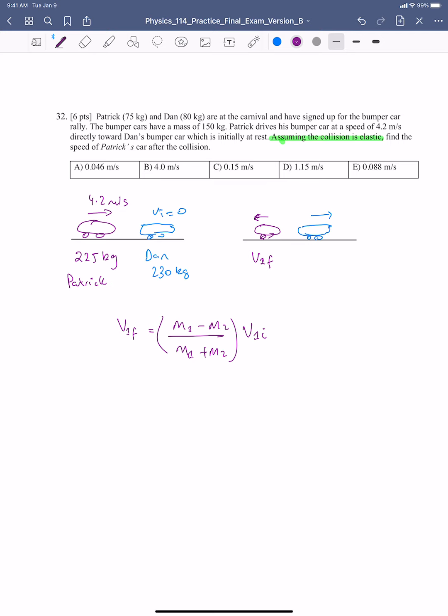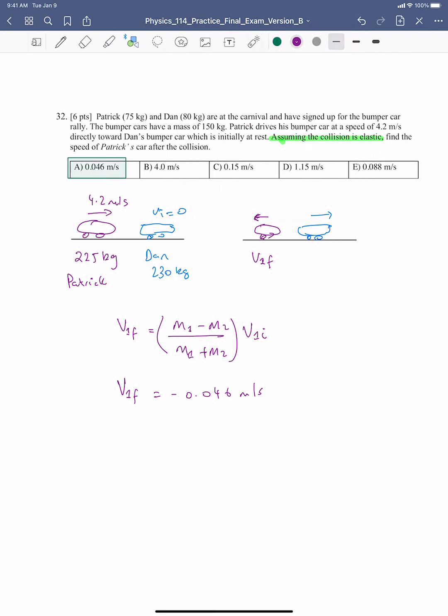So it'll be 5 over the sum of the two, which would be 455, times the speed of the incoming car, which was 4.2, is 0.046. Negative 0.046, but since I'm asking for the speed, I'll just take the absolute value of that. So that gives us choice A as the correct answer.